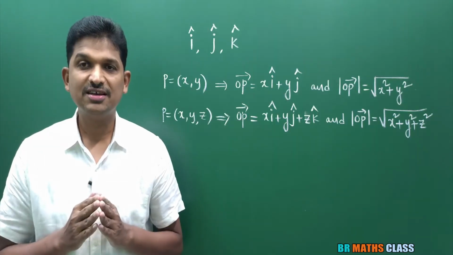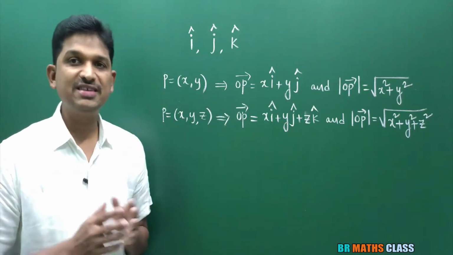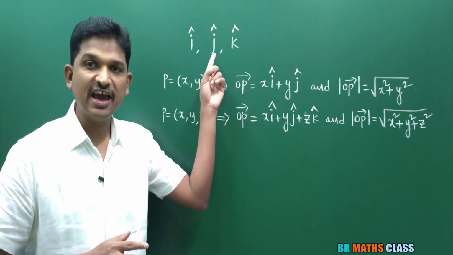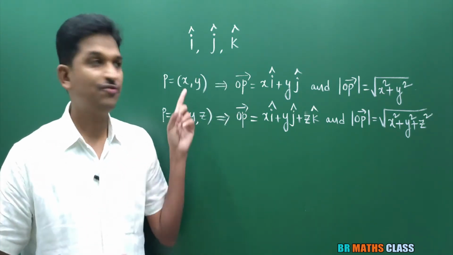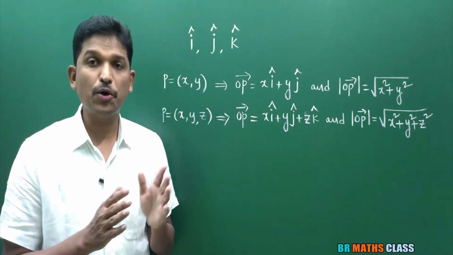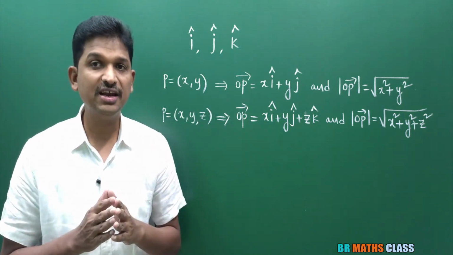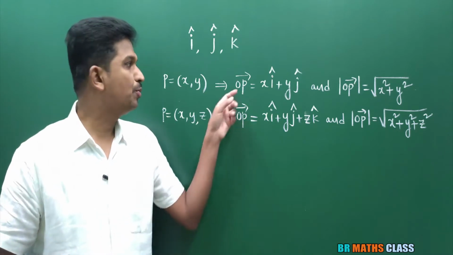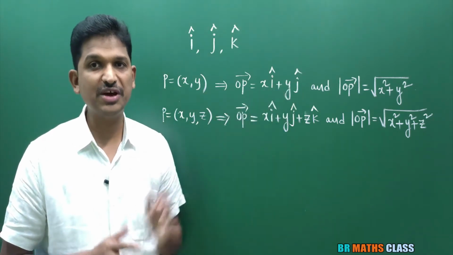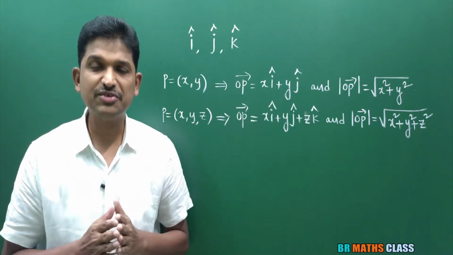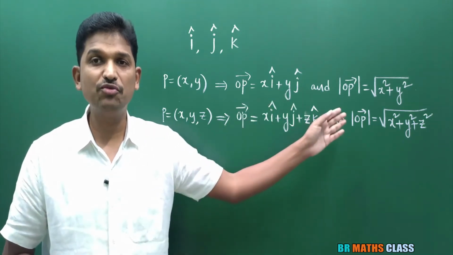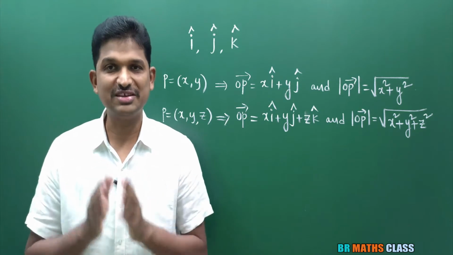In this class, we will learn what is i cap, what is j cap, what is k cap and what are their directions. And if P(x, y) is a point in a plane, then why we write OP bar as x i bar plus y j bar. I am going to explain why OP bar is x i bar plus y j bar, and why the magnitude of OP bar is root over x square plus y square.